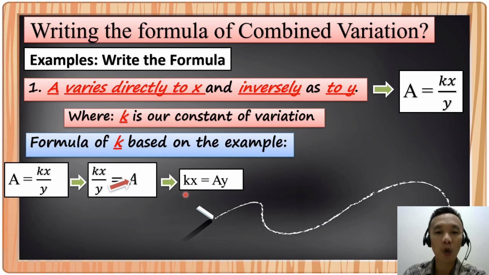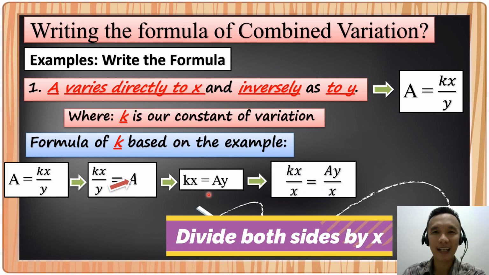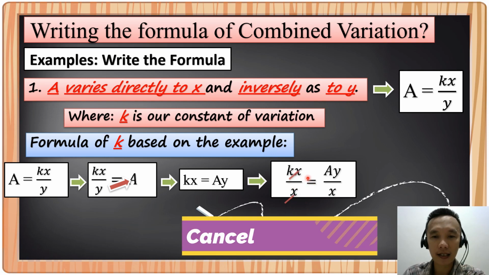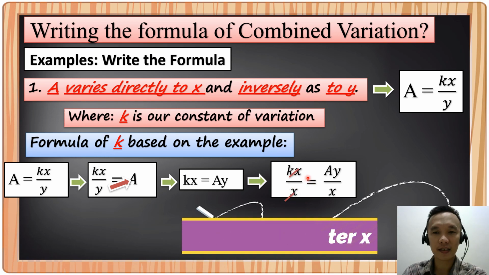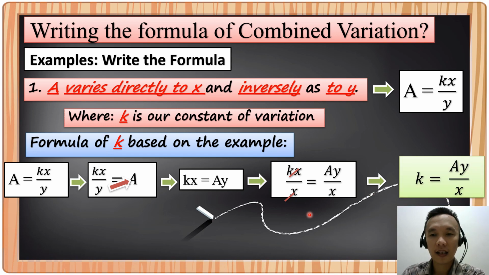Since we are only looking for our constant of variation, which is our k, we are going to divide both sides of our equation by x so that we can cancel out the x on the other side. What will remain is k equal to a times y divided by x. So this is now your formula for your constant of variation.